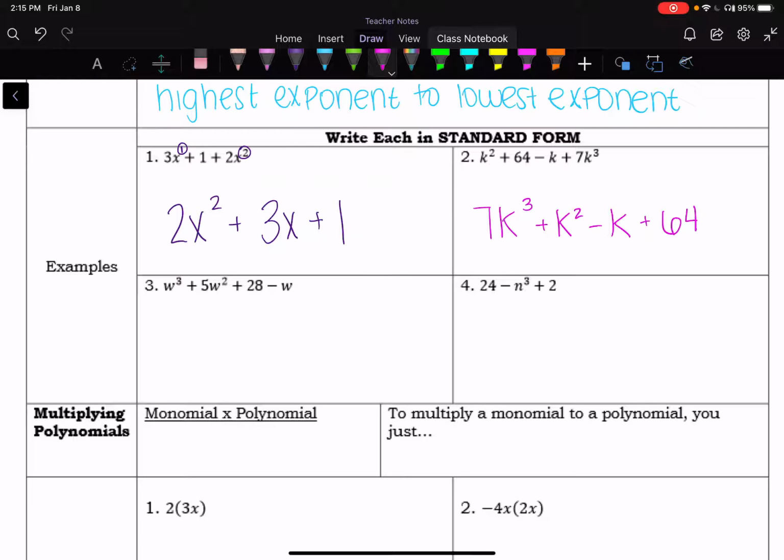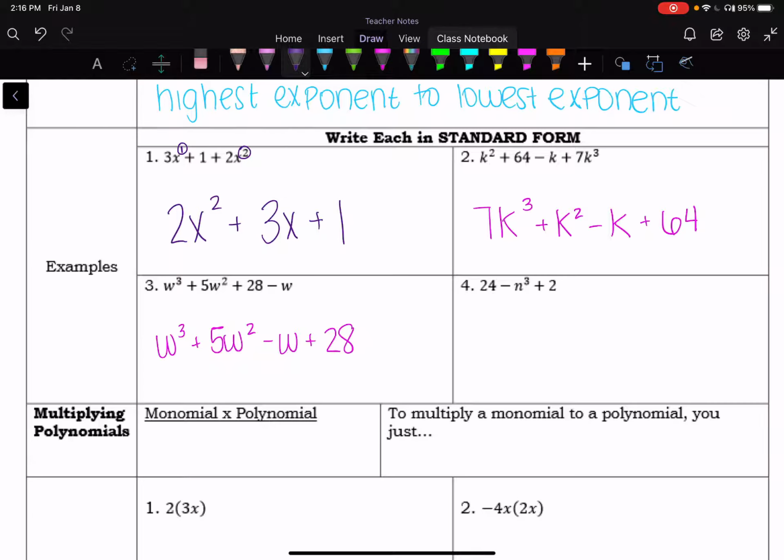Moving on to number 3, my highest exponent is w cubed, and then 5w squared. Next is going to be minus w, and then my constant of 28.